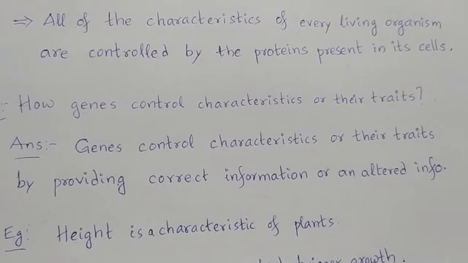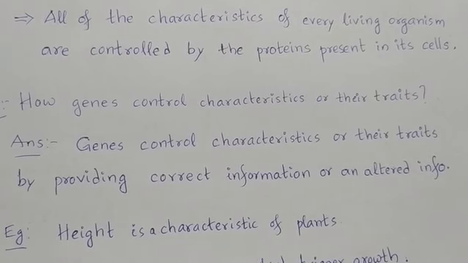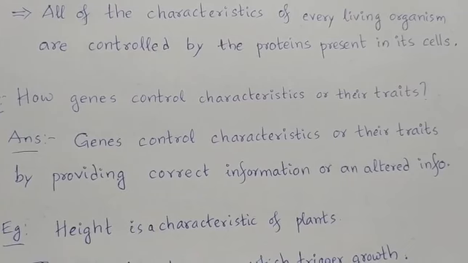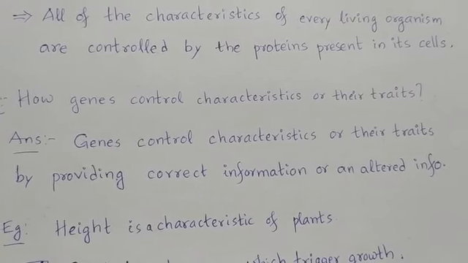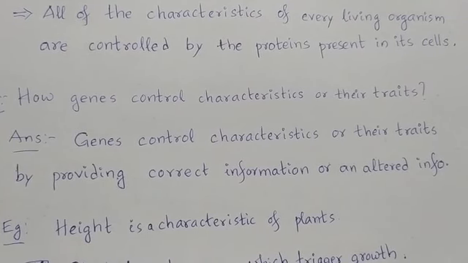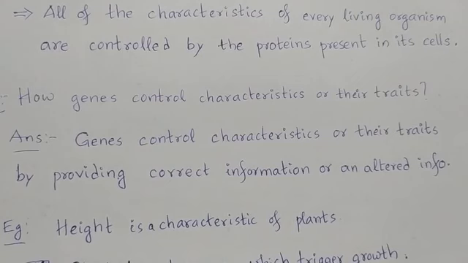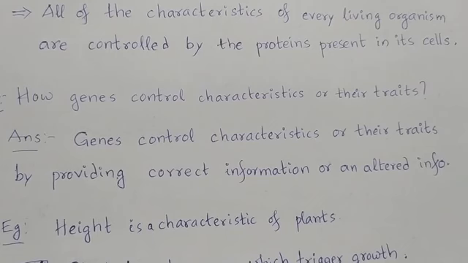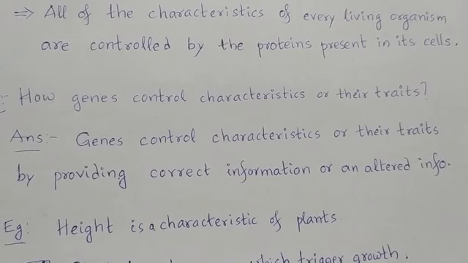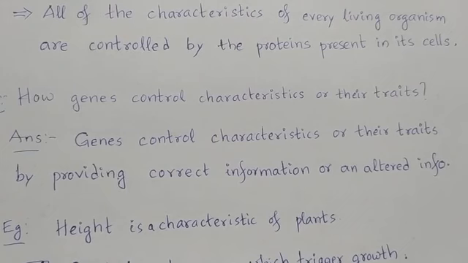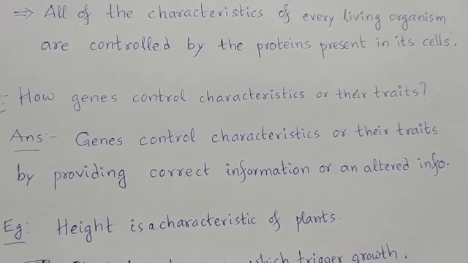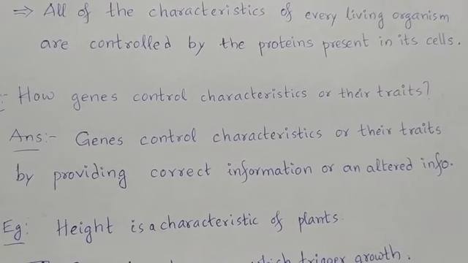So how do genes control characteristics, or traits? Genes control characteristics or traits by providing the correct information or an altered information for the synthesis of proteins, that ultimately decide the characteristics of the living organisms.